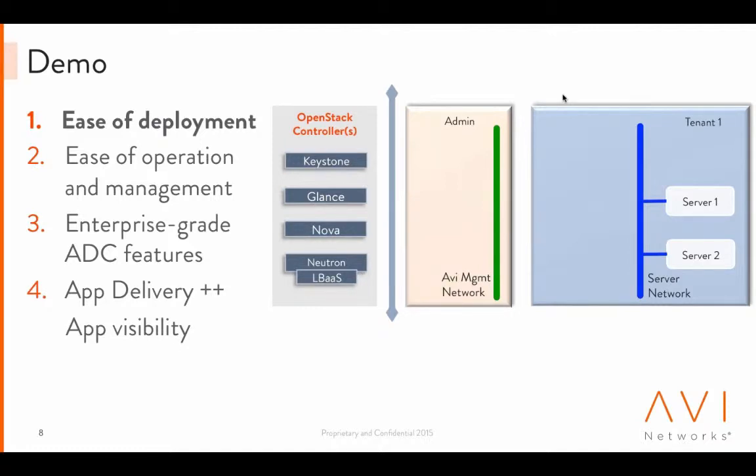And this is just one network that you need to create. We make it public so we can access it from any tenant. And the second step is just to use the image that we provide and instantiate an AVI controller VM. Now, that's for the deployment.